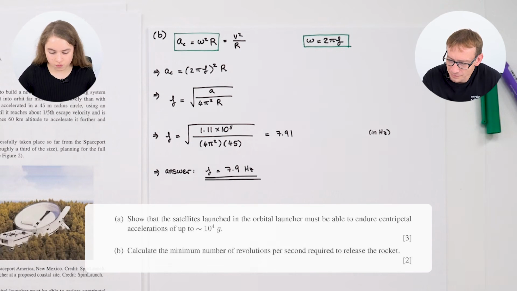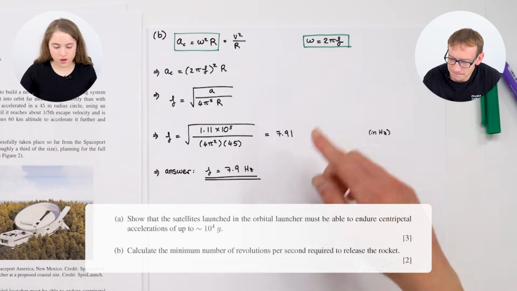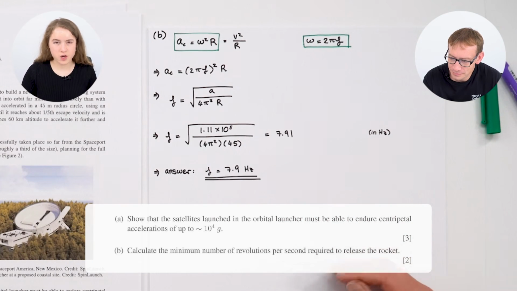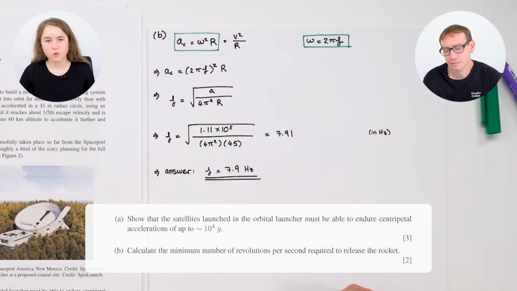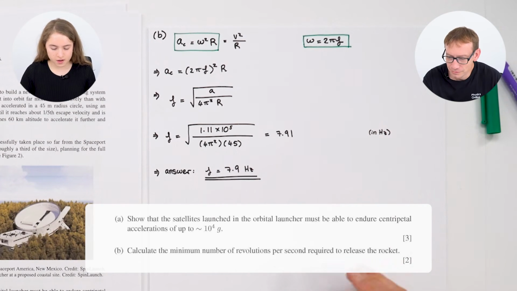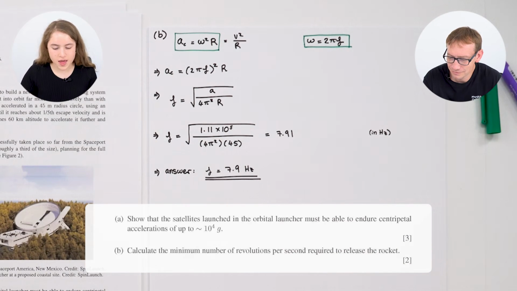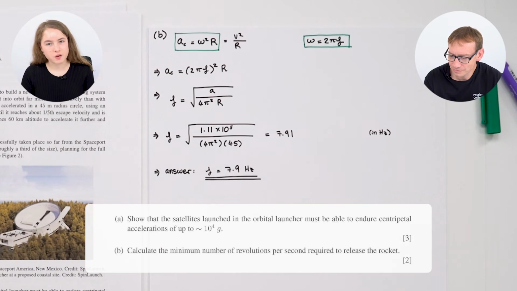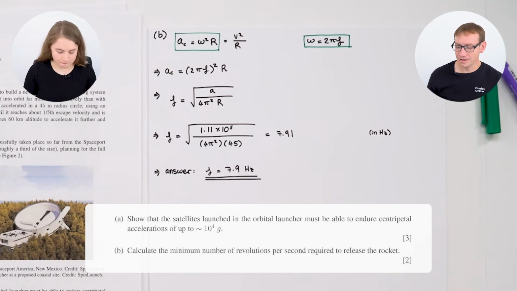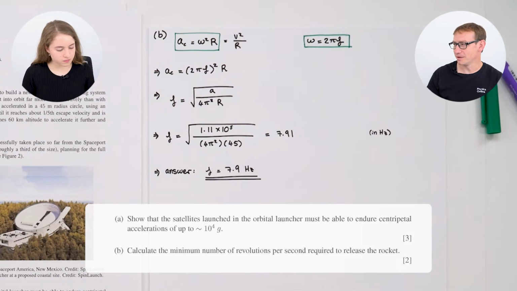And so we can write the centripetal acceleration in terms of the frequency in hertz rather than in terms of the angular frequency. We substituted in omega equals 2 pi f into a equals omega squared r, and then we rearrange for f, which is a frequency in hertz, and substitute our numbers in. So this one is, I think, easier conceptually than part A. I think so, yeah. And I think if you've got part A, you're probably going to get part B, aren't you?